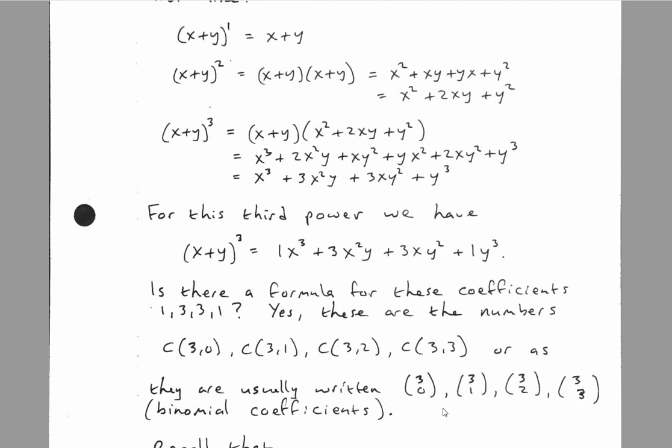And in this context, we usually write them like this, parentheses with the n above the r. And these are called binomial coefficients. So these are the coefficients, the numbers that show up when you take powers of binomials.